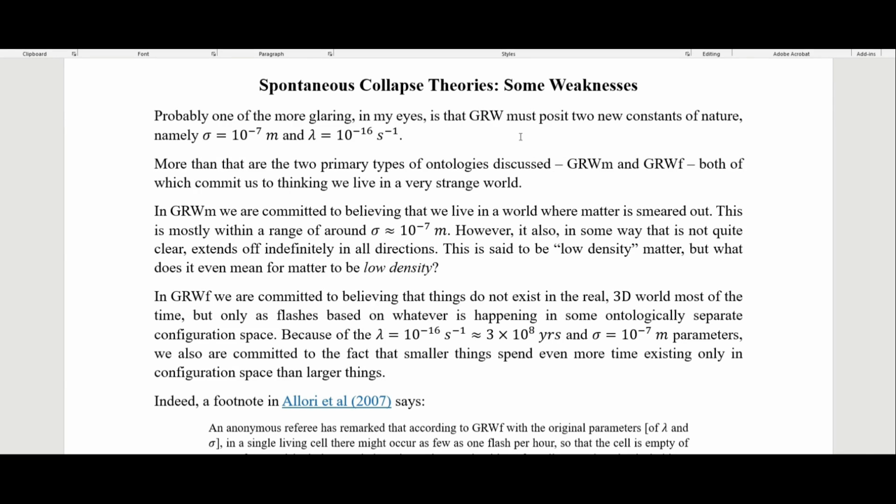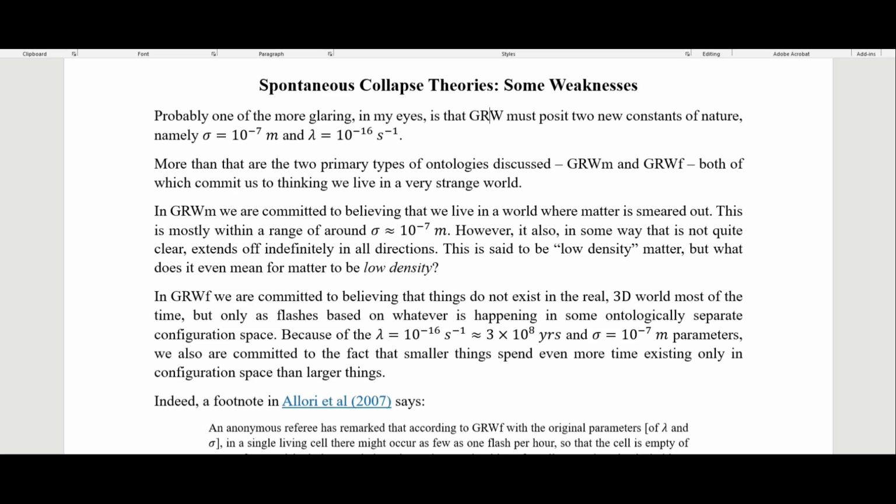In this video, I am just going to quickly run through some of the weaknesses of the spontaneous collapse theories. Probably one of the more glaring ones in my eyes is that the GRW theory must posit these two new constants of nature, namely sigma equals 10 to the negative 7 meters and lambda equals 10 to the negative 16 collapses per second.